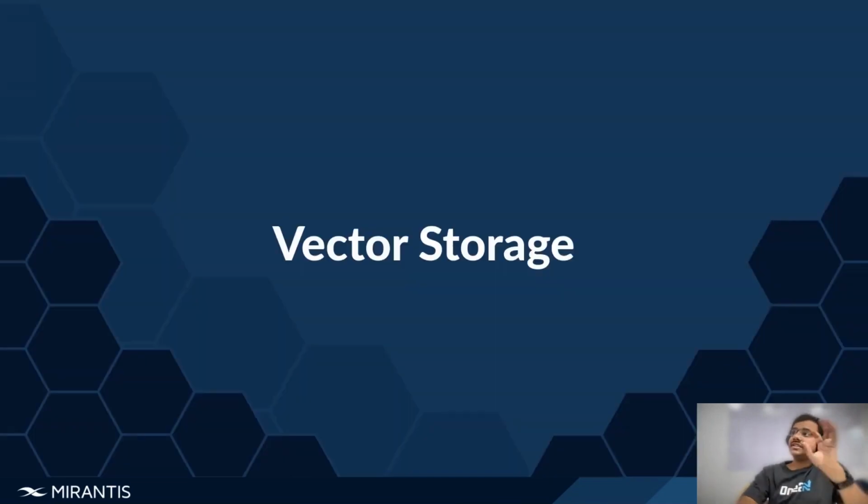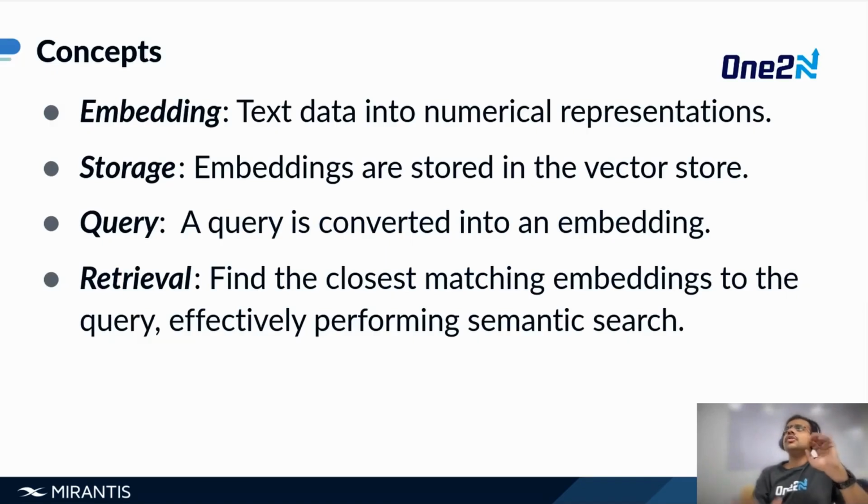Now, coming on to the next very important part of this talk, which is vector storage. So, all the textual information, such as resumes in our case, you need to store them as vectors. And what are these? These vectors are nothing but a bunch of floating point numbers, forgive me, and these are represented in a data structure called an embedding.